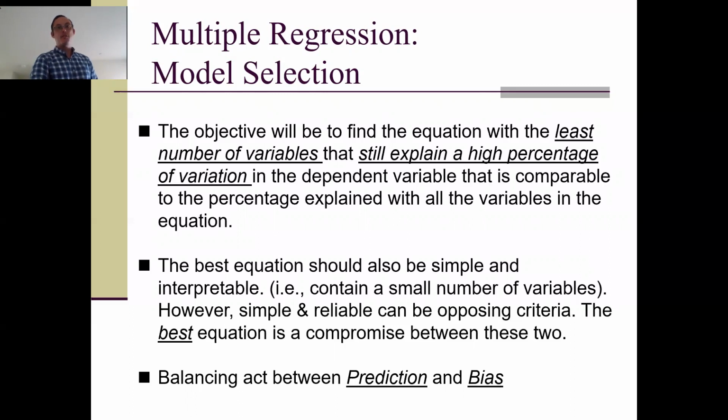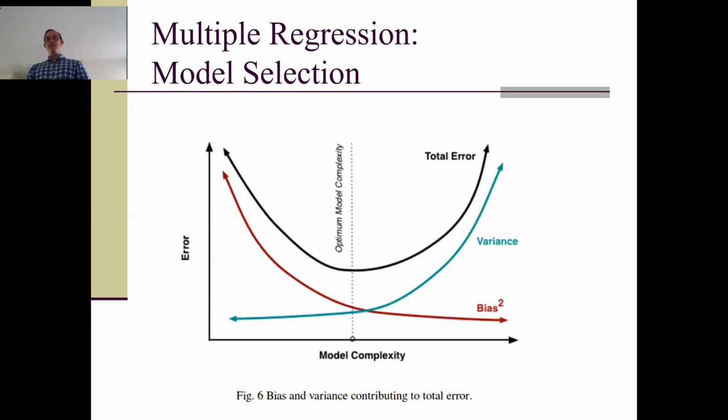And this is the main thing here, as I alluded to in the previous slide: the balancing act between prediction and bias. We want to find the best prediction with the least amount of bias. And so this figure displays that really well, where we can see as we increase model complexity, we increase our variance and we decrease our bias error.